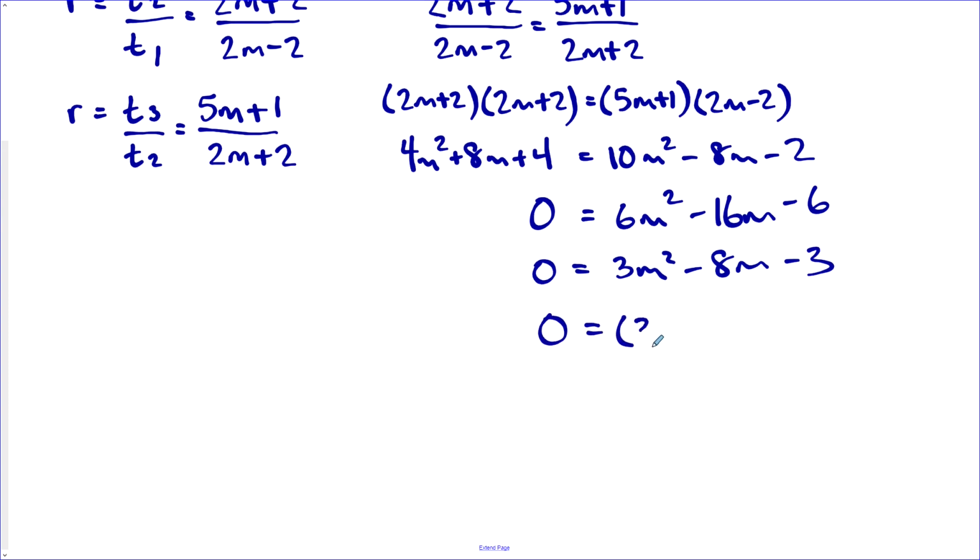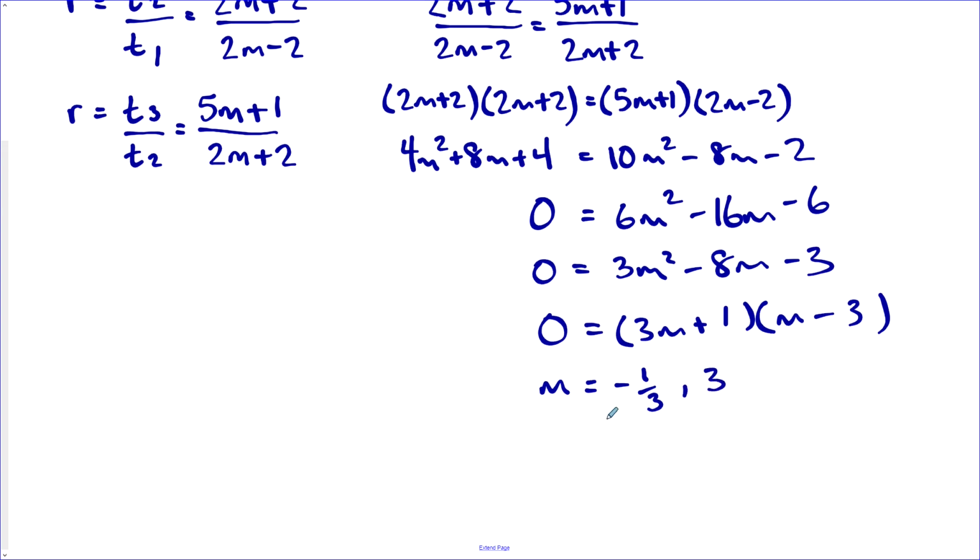So we got 3m and an m here, and a 3 is going to go here, minus and plus 1. So it does factor. And let's see what our m would be then. Got negative 1/3 from this binomial and 3 from this binomial.